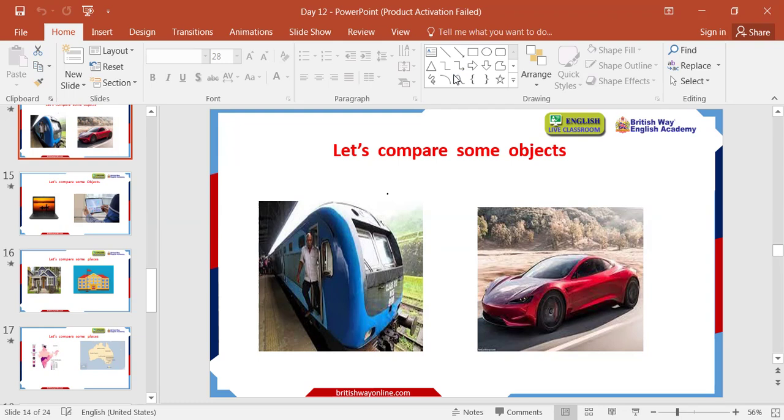The car is more elegant in design than train. The train has more space than car. Trains are safer than cars.